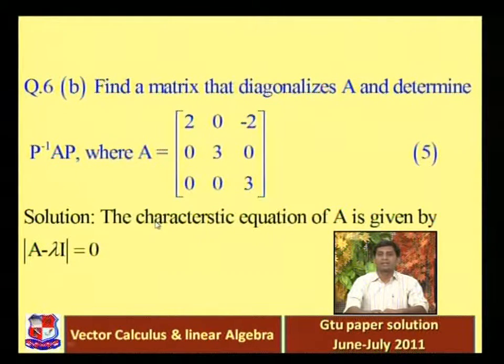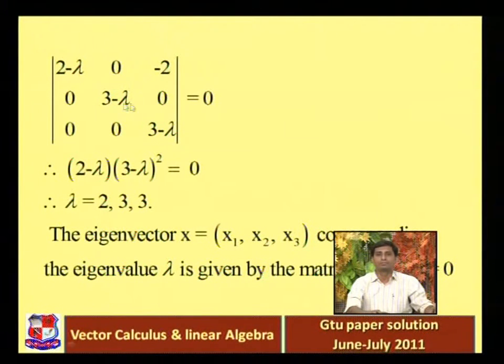Here is the solution, the characteristic equation. First of all, we have to find the characteristic equation to find out the eigenvalues. The characteristic equation of A is given by determinant of A minus lambda I equal to 0. In the main diagonal entries we just subtract lambda and find that determinant. 2 minus lambda, 3 minus lambda, 3 minus lambda, other elements are the same.